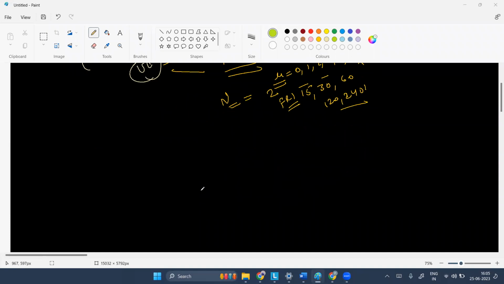So if we talk about 5G NR, both PSS and SSS use BPSK modulation, right?